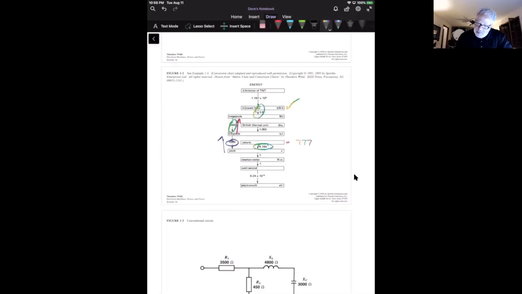So looking at this problem, I'll try to write it down, look at that process. 777 times 4.184. And then that answer is divided by 1,000. And then that answer would be divided by 1,000.